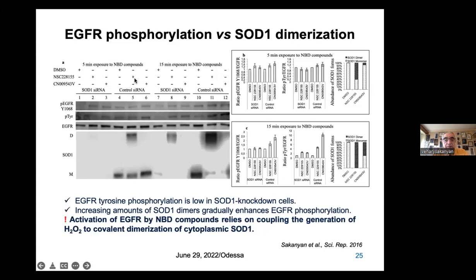First of all, it's most pronounced with 155, and less with the other one, 43V molecules. So we can observe the phosphorylation, which is related to this formation, in the case of the control experiments with the action of the NBD compounds. Next here.